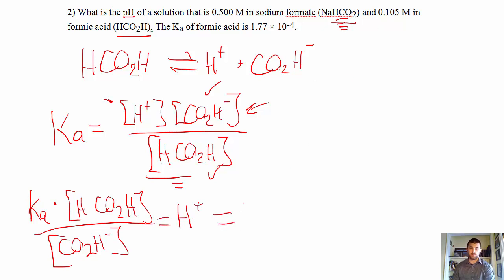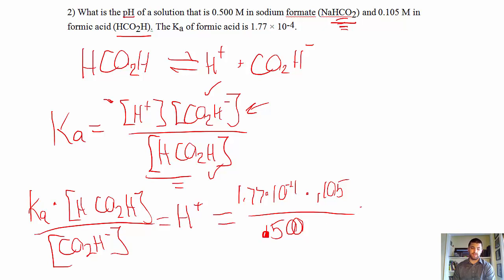I'm going to get 1.77 times 10 to the minus 4 times the HCO2H, which is given as 0.105 molar, all over the 0.500. And that is going to equal 3.717 times 10 to the negative 5.